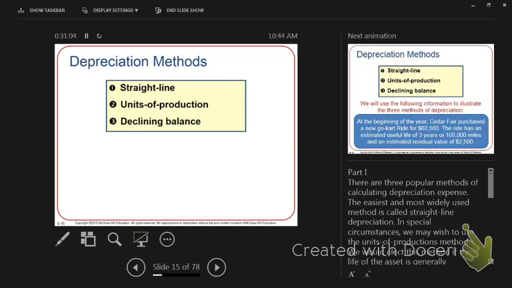The other formula that you can use is cost minus residual value over total units, which gives you something called your depreciable rate. And then all you do is multiply that by units in a year.